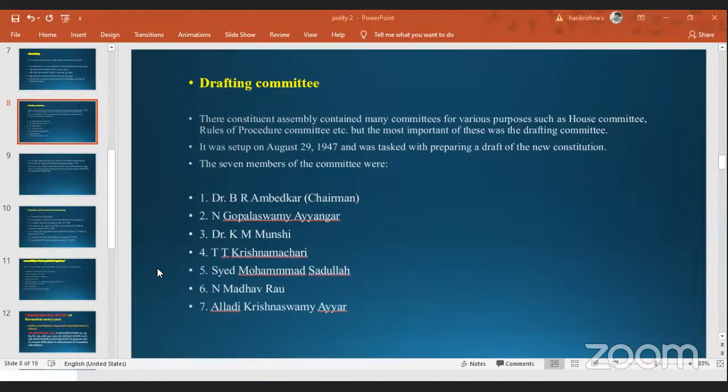These were the members of the drafting committee. This is just to know the various members present in the drafting committee, and the objective of this committee is to prepare the draft of the new constitution.